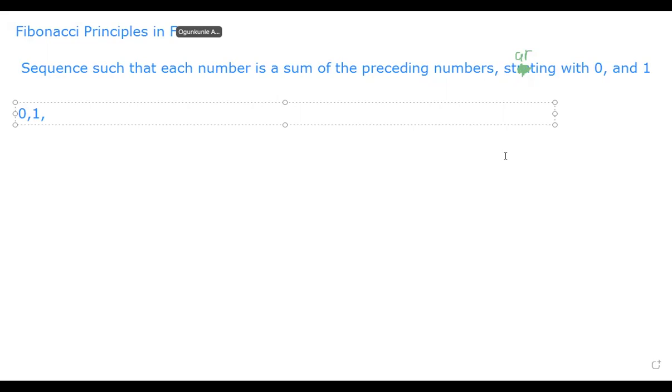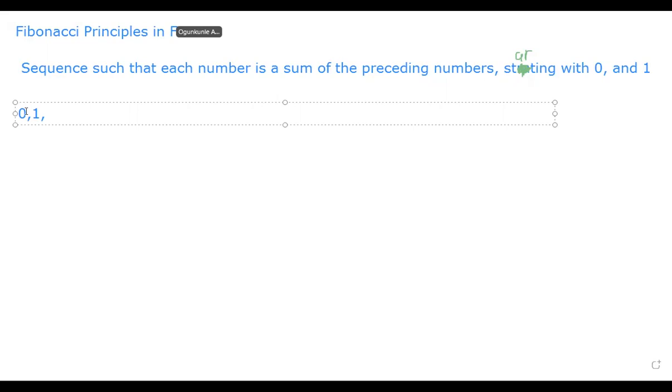If the sequence is such that every consecutive number is a sum of the two preceding numbers, what's the next number in this Fibonacci sequence? Please drop that in the comment section very fast. All right, good. So that means you're not following, because right now we have two numbers in the sequence.